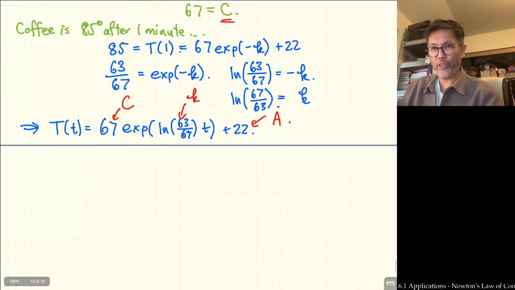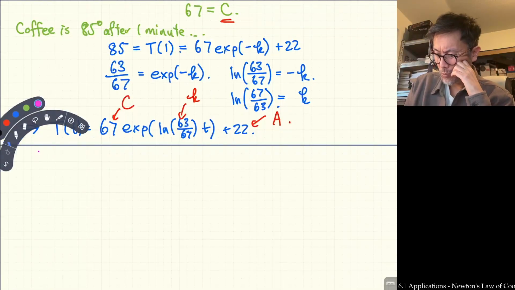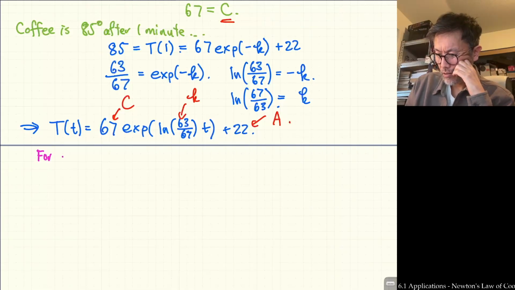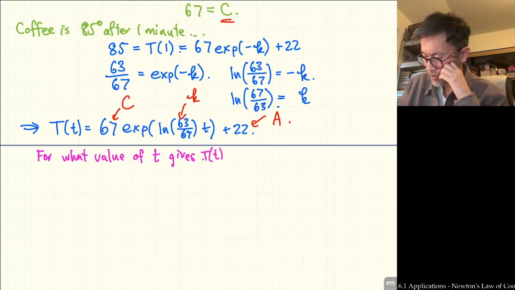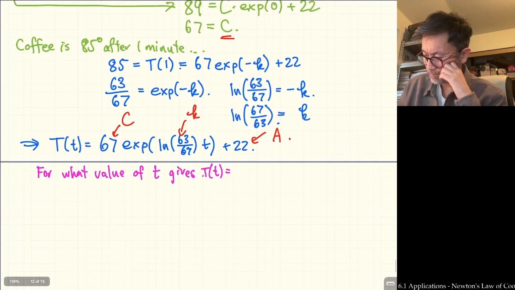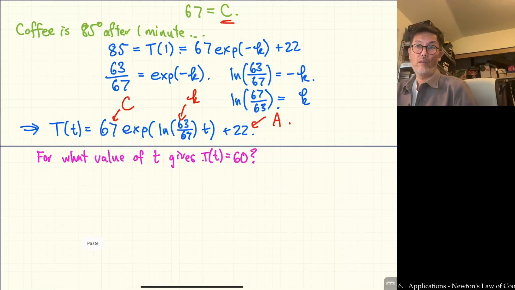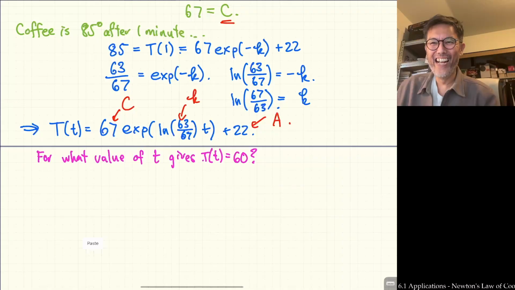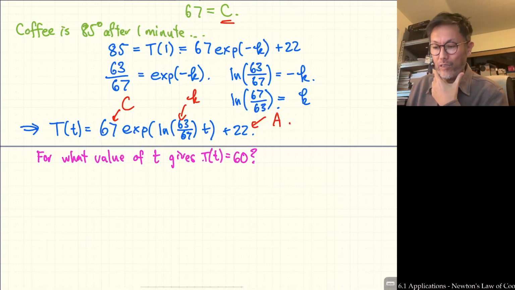So what that translates to for this problem is: for what value of small t does T of t equal 60 degrees, suppressing units? So the way that I solve this is clearly I set T of t equal to 60 and solve.